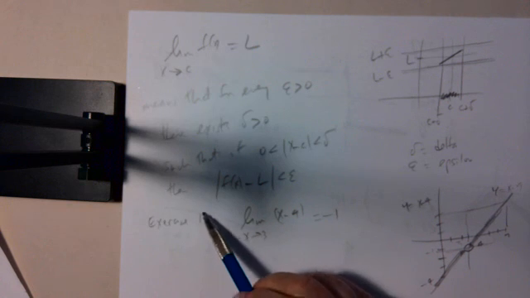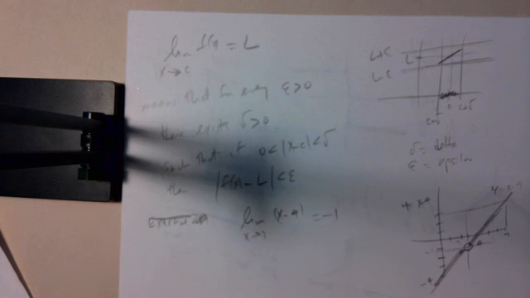Right? If you look at the graph of y equals x minus 4, as you get closer and closer to 3, the graph is approaching minus 1. That's it. Well, this is not exercise 17, but this is just an example. We look at exercise 18.